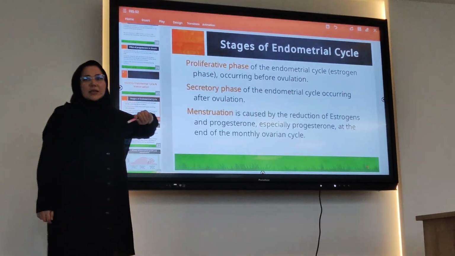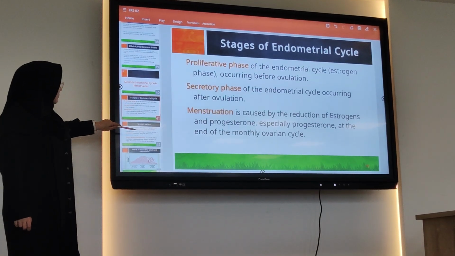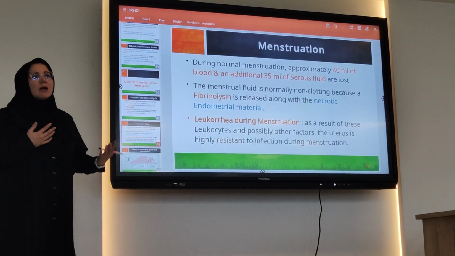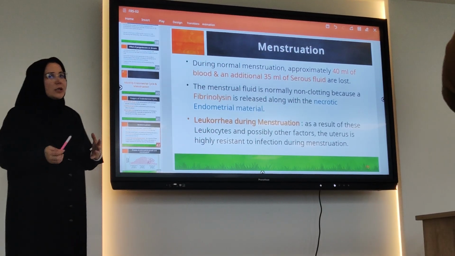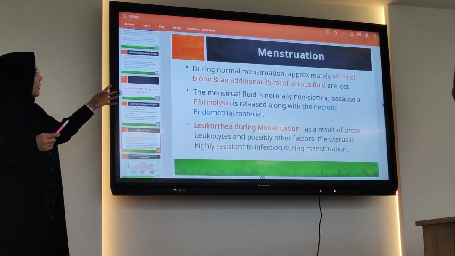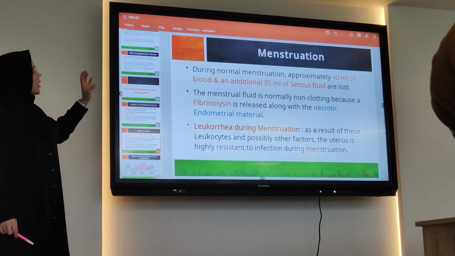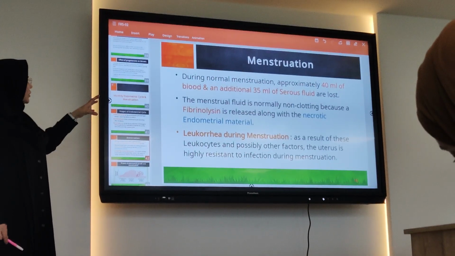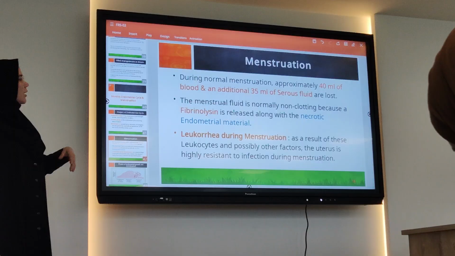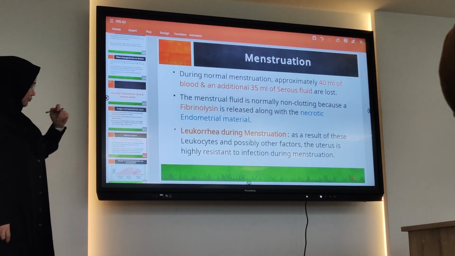Menstruation is happening here at the end of the secretory phase. So menstruation is bleeding of the endometrium. It varies between any different people, but approximately 40 milliliters of blood and 35 milliliters of serum go out of the endometrium.